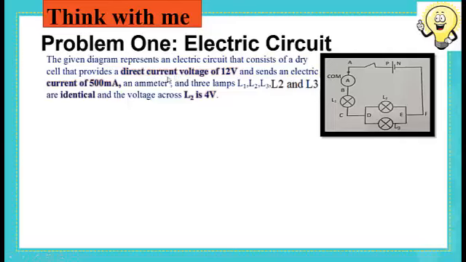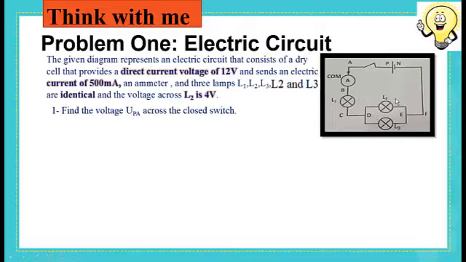Yes, it's DC voltage. And sends an electric current of 500 milliampere, an ammeter, and 3 lamps, L1, L2, and L3, where these 2 lamps, L2 and L3, are identical, and the voltage across L2 is 4 volts.